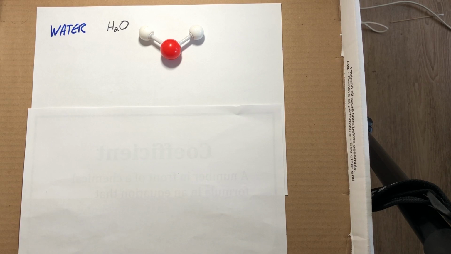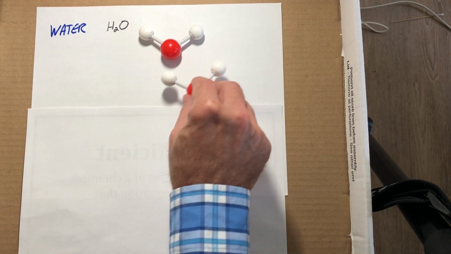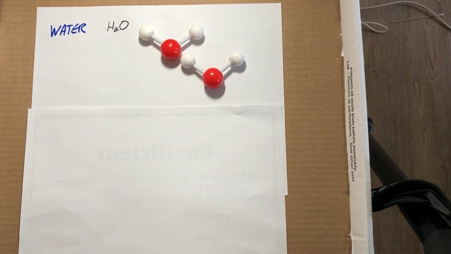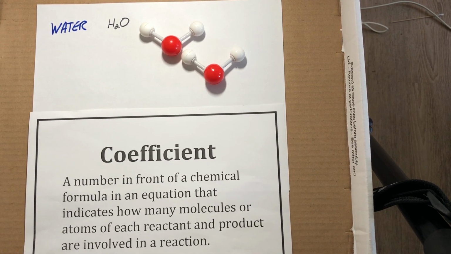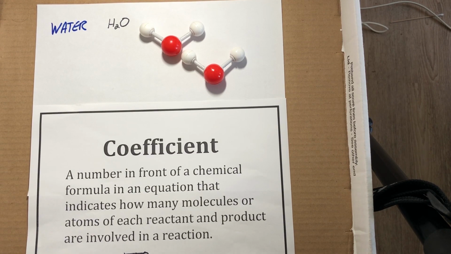But sometimes we do reactions, and we're going to represent them in a chemical equation. And let's say we actually end up making 2 parts of water, or 2 molecules of water. And when that happens, we need to account for that and represent that in our equation. And to do that, we use what's called a coefficient.